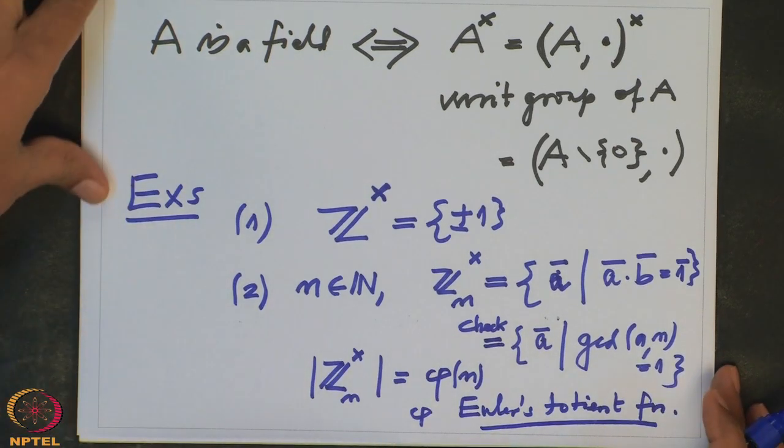Okay, so field. To study equations, solving equations over an arbitrary ring is, as I showed you in the last lecture, difficult, because when there are elements in the ring which are not invertible with respect to multiplication, they cause a lot of problems since we cannot cancel them easily.